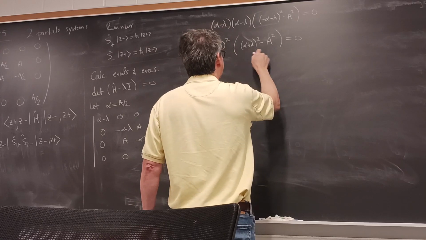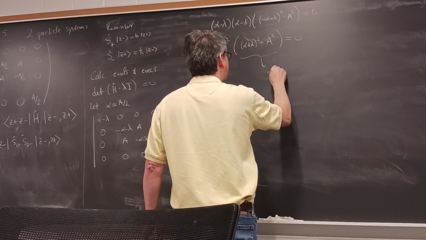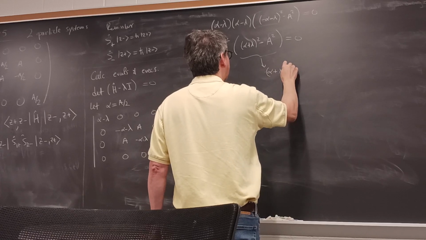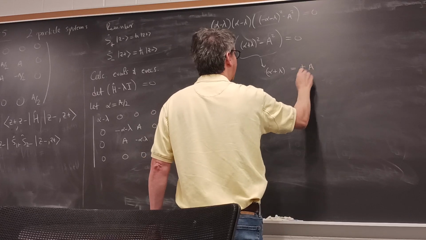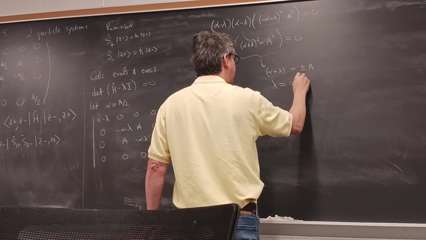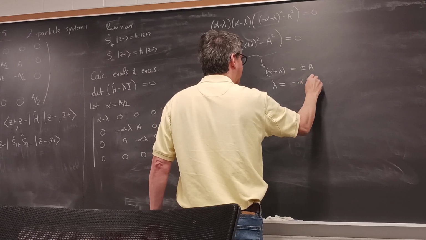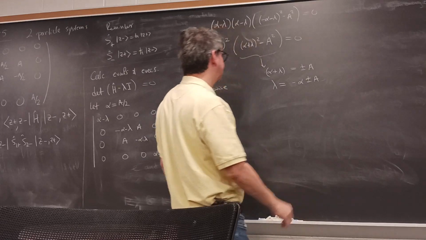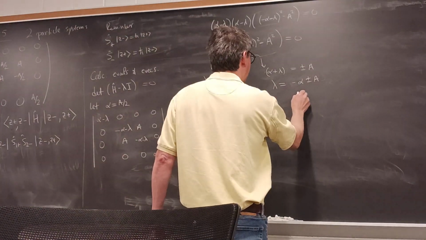And then the other solution is alpha plus lambda, this is minus, equal to plus or minus a. So lambda is equal to minus alpha plus or minus a.